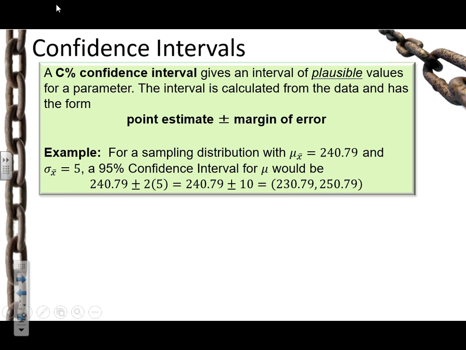So one of the things to discuss here, if you're given a confidence interval and they ask for the point estimate. Let's say I gave you a confidence interval. You don't need to know anything about it. Let's say I give you a confidence interval of 0.2 to 0.4.